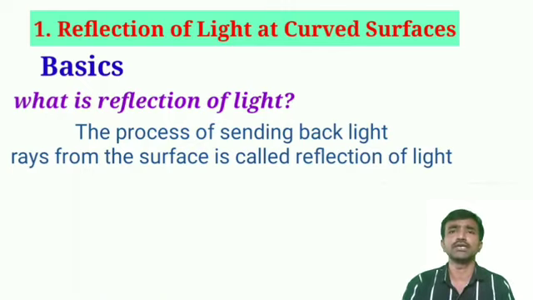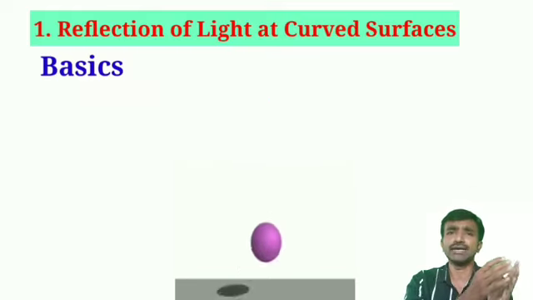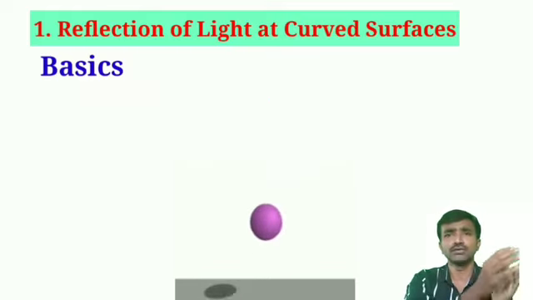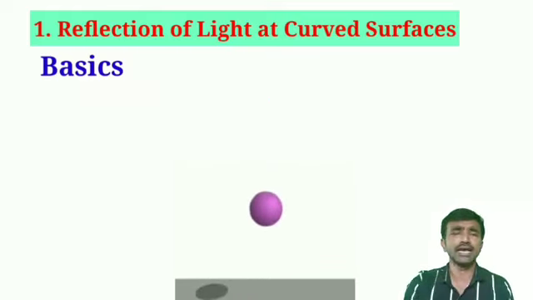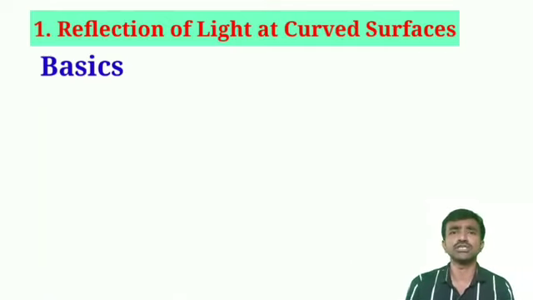For example, if you throw a ball onto the wall, what happens? From the point where it meets the wall, it bounces back. Likewise, light rays also bounce back. This phenomenon is called reflection of light. This process is the sending back of light rays from the surface, and they come back into the same medium.